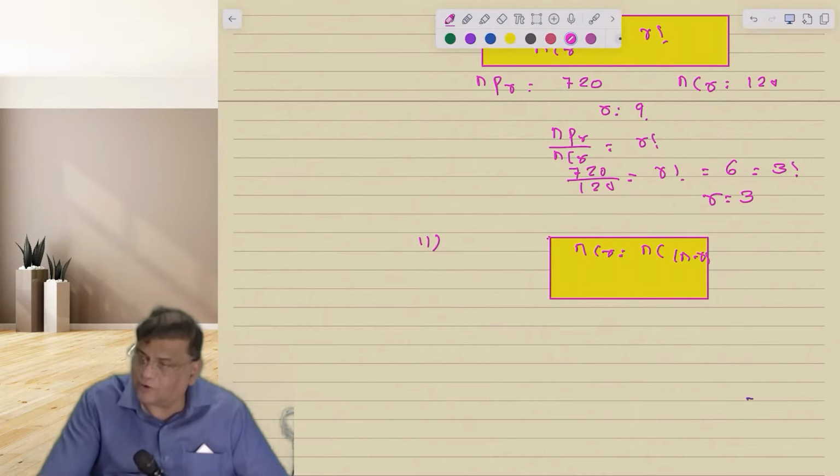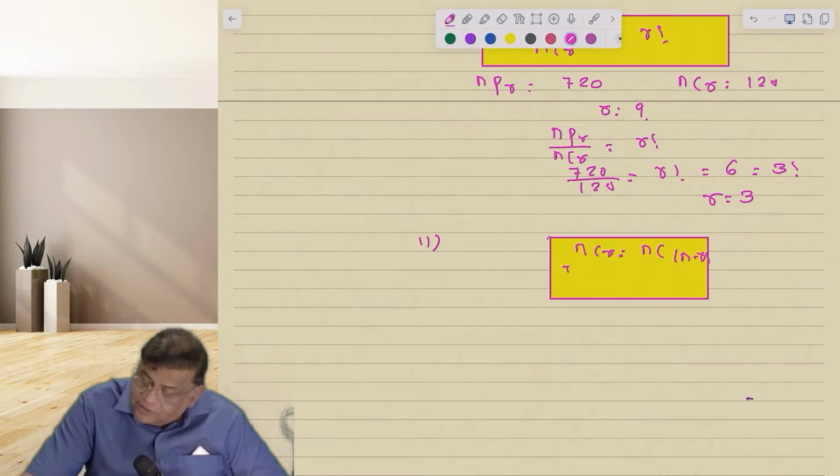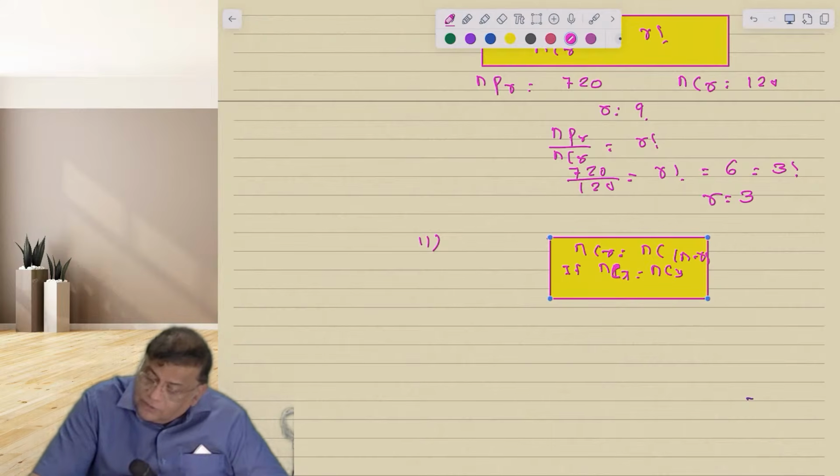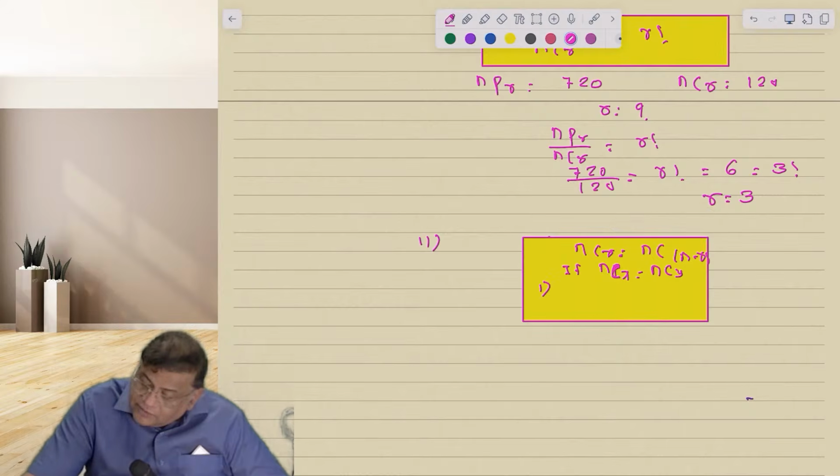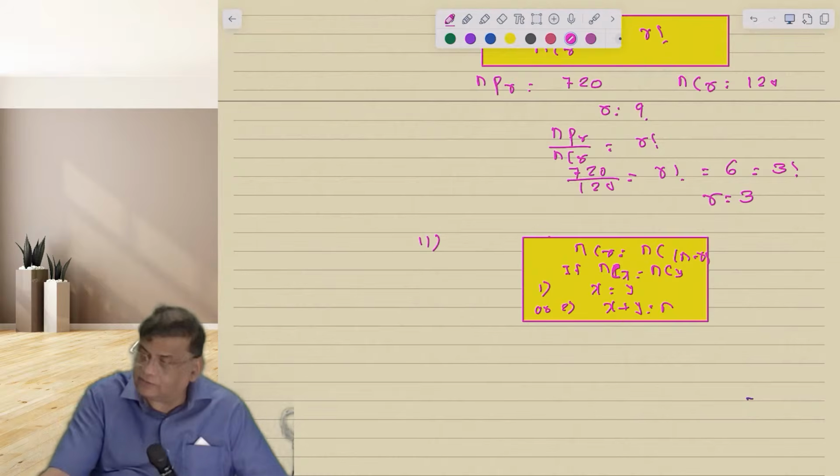And now the second result is that if nCx is equal to nCy, then two possibilities exist. One possibility is that x is equal to y, or then x plus y should be equal to n. Very important result.